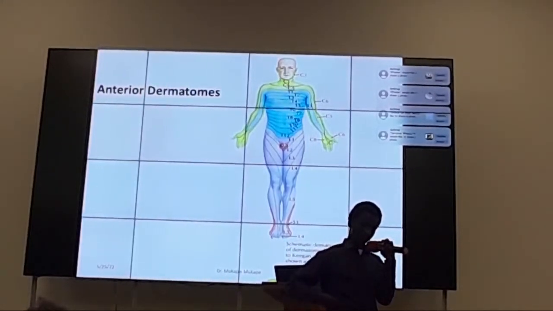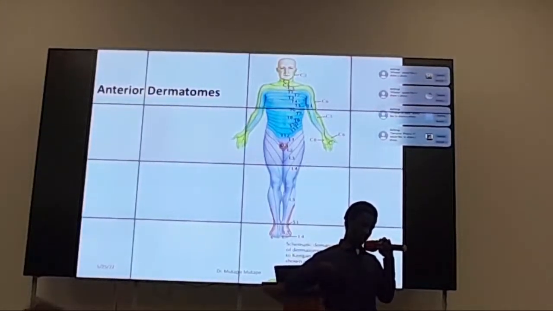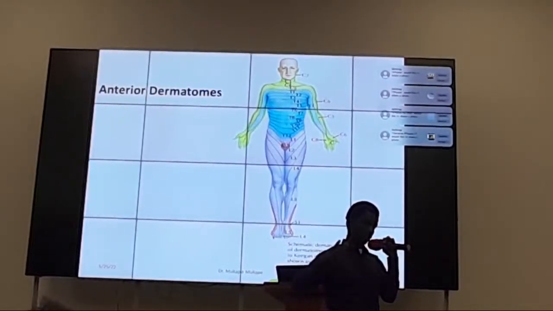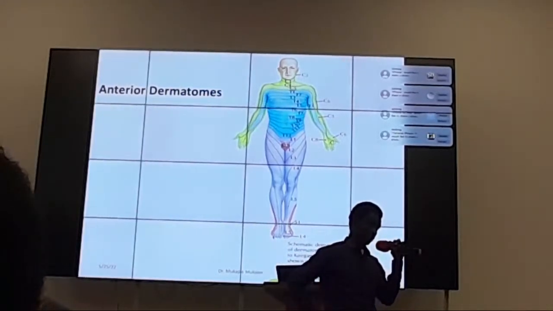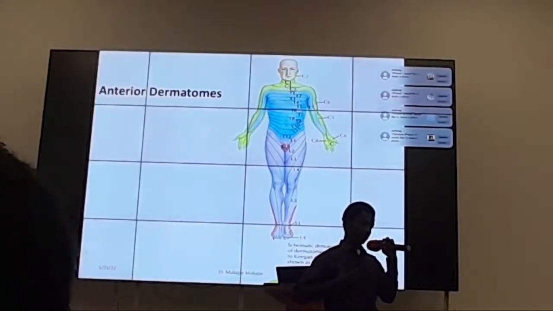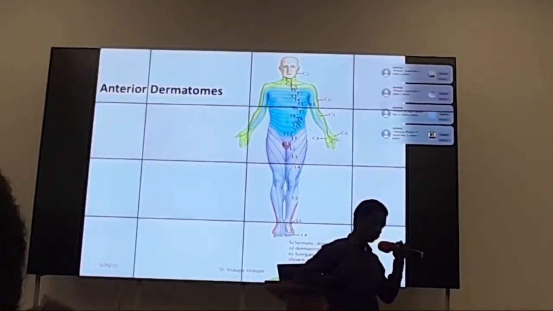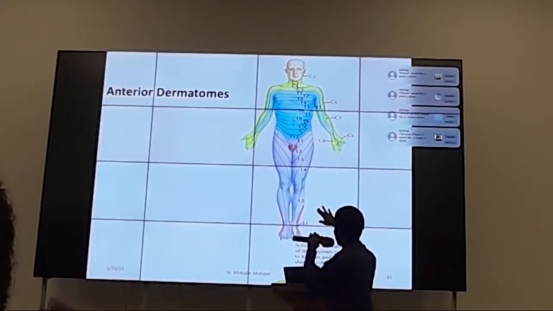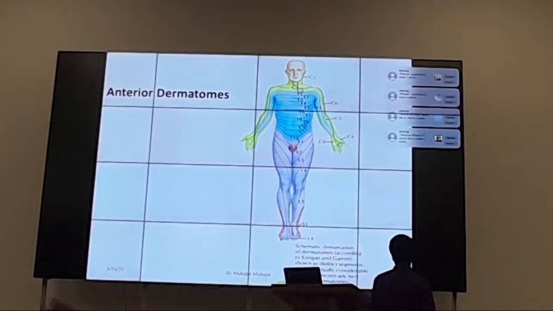Are you feeling pain? No, yes, no, and so on. You go to the area of the nipples. Are you feeling pain? The patient should feel pain at the area of the nipple when you have given anesthesia. If the patient doesn't feel pain, it means that area is also paralyzed. And now it's a high spinal, because at the nipple we can see there, the level is like T4. It means you have gone higher up.